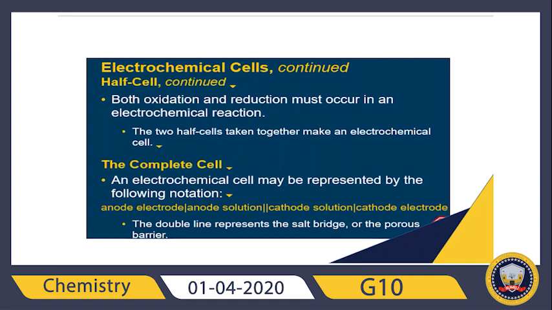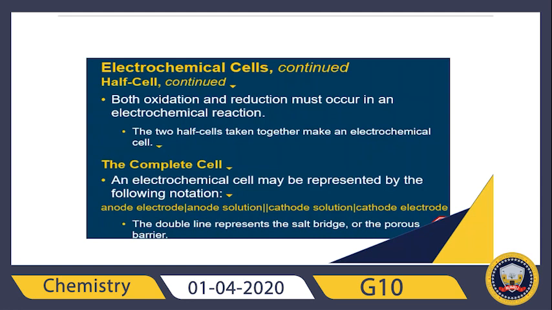So guys, both oxidation and reduction must occur in an electrochemical reaction, as we showed you. The two half cells together will make what? An electrochemical cell. So each electrochemical cell is made up of what? Of two half cells. One half cell contains the anode, the other half cell contains the cathode.